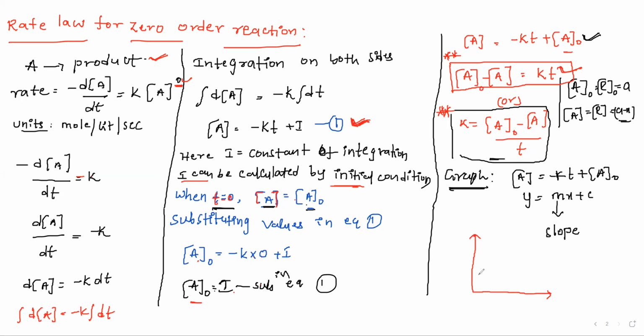On the x-axis we are taking time, and on the y-axis we are taking the molar concentration of A. This is the negative slope, minus K. A negative slope will come down like this. So the slope is minus K. What about the intercept? The intercept is A naught.